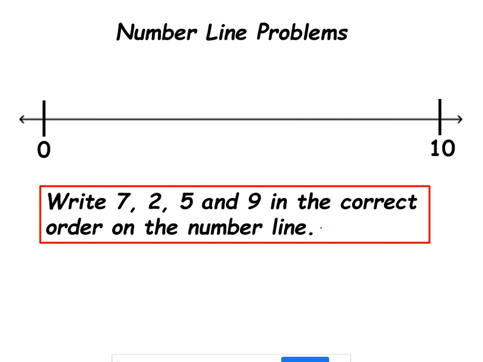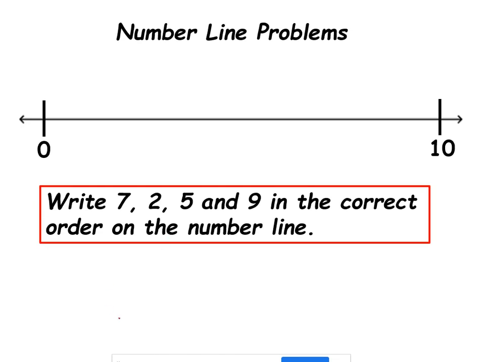Write 7, 2, 5, and 9 in the correct order on a number line. Good luck. So try and fix this. The first thing we can do is to get the middle, the center. I've told you before, between 0 and 10 is 5.